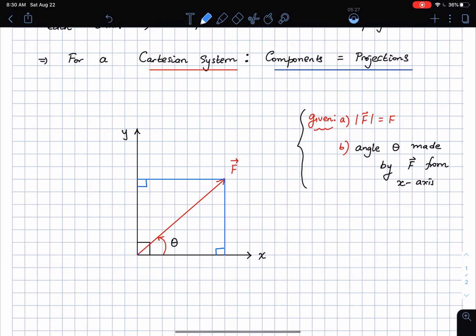And then from the tail of F all the way to where these intersect the x and the y-axis is going to give me the component or the projection of F on the x-axis, and likewise starting from here to there is going to be the component or the projection along the y-axis.